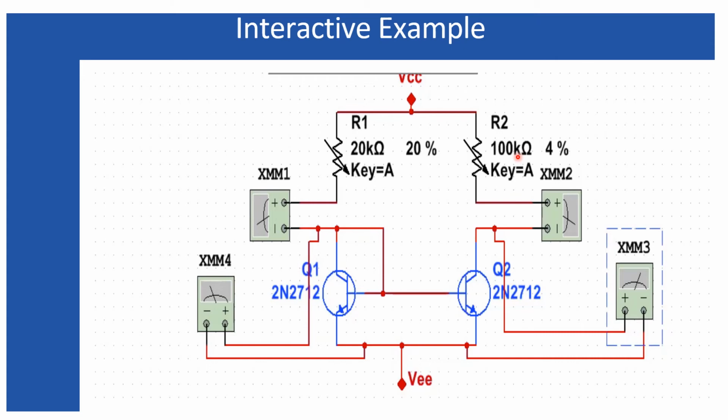Along with this, the plus VCC that I have used is taking a voltage of plus 12 volt, and the VEE is taking a voltage of minus 12 volt. The first ammeter will record the current Iref, and the second ammeter will record the current I0.